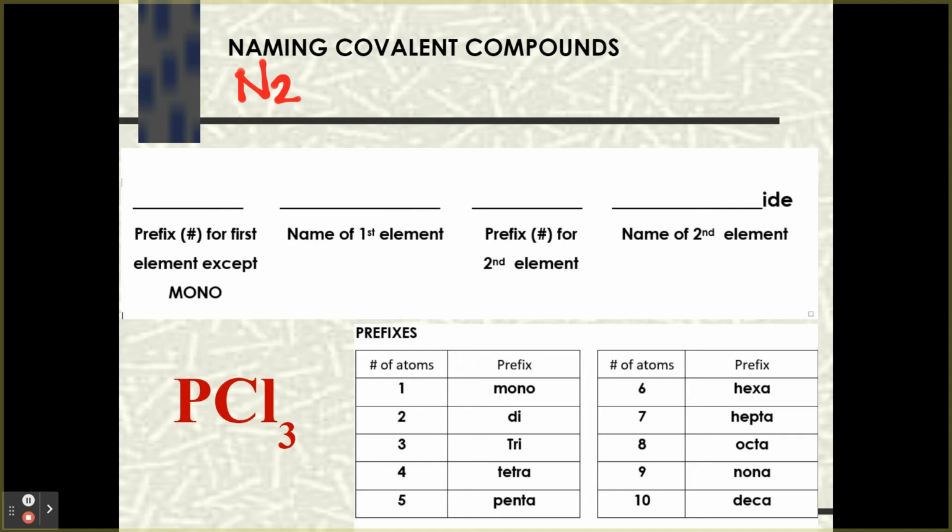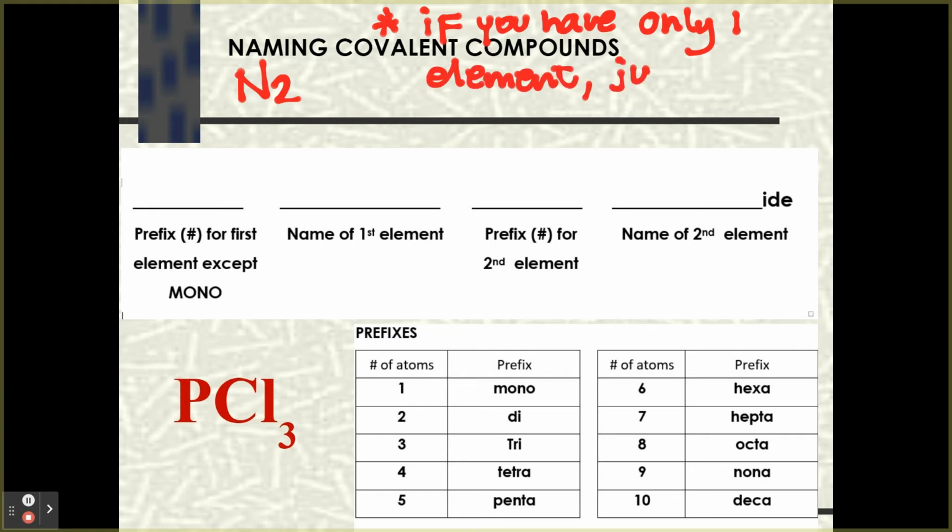If you only have one element, so let's write that down. So the funny rule is if you have only one element, just use the original name.